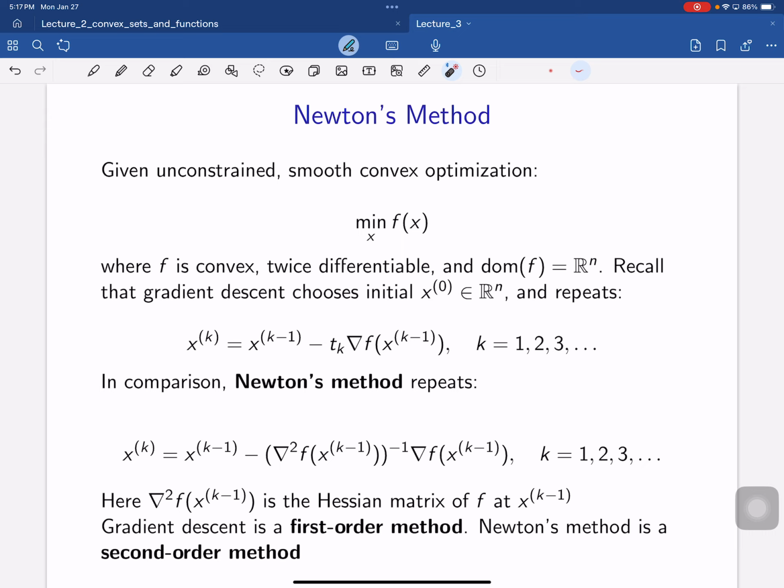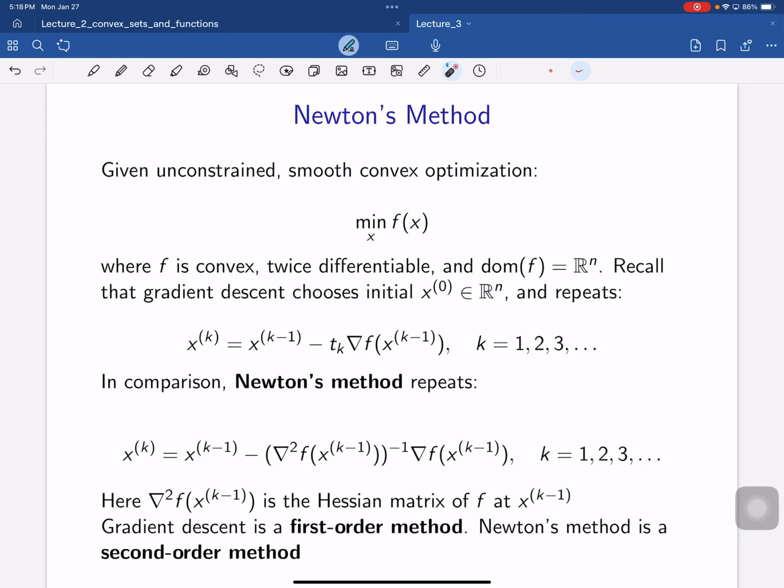Just to recall, gradient descent takes the negative gradient direction. Newton's method takes the gradient direction multiplied by the inverse of the Hessian. In other words, you can think of the direction as skewed by the inverse of the Hessian.